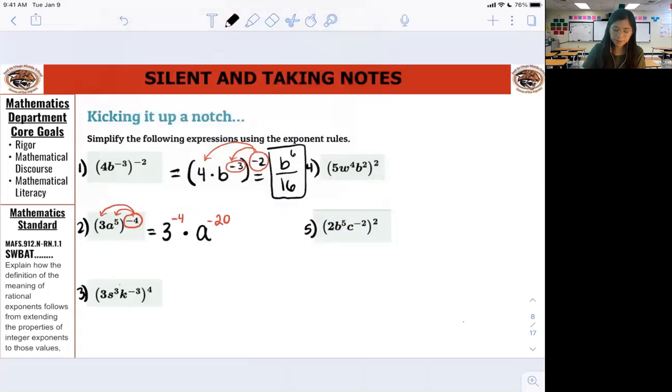Now I rewrite things. What happens to that 3? I have a negative exponent, so what do I turn it into? A fraction. Good. So 3 is now 1 over 3 to the power of 4. And what about a?